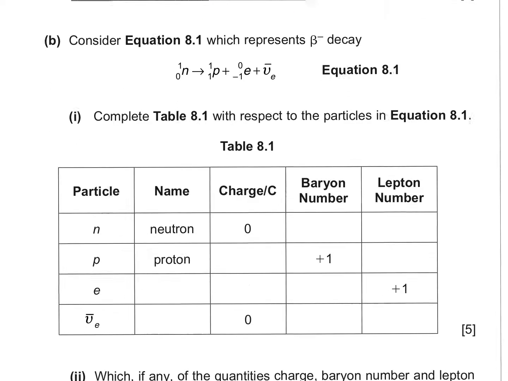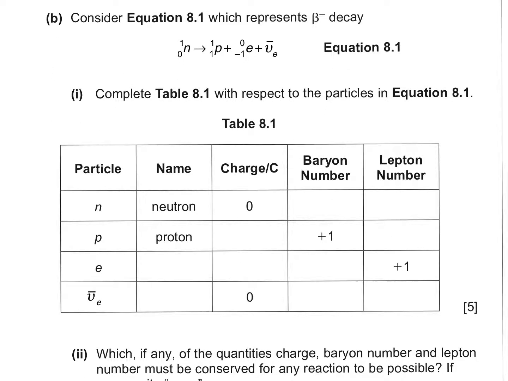Let's have a look at this table, and we're being asked for properties of the neutron, the proton, the electron and the antineutrino. The table is specifically telling us that the antineutrino is of the electron type, so we fill in our electron and the anti-electron neutrino.